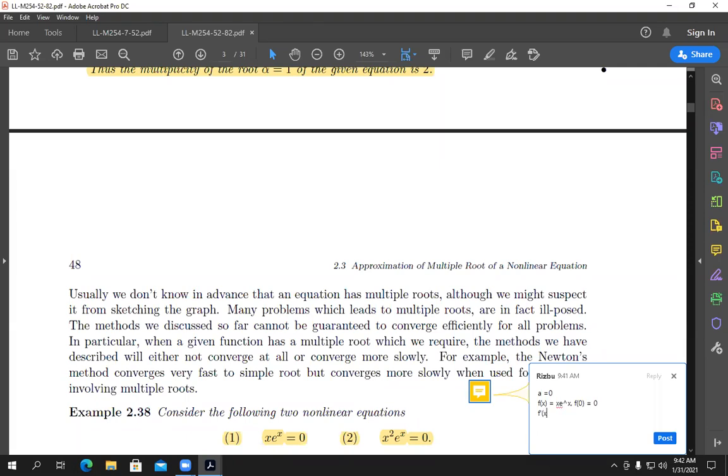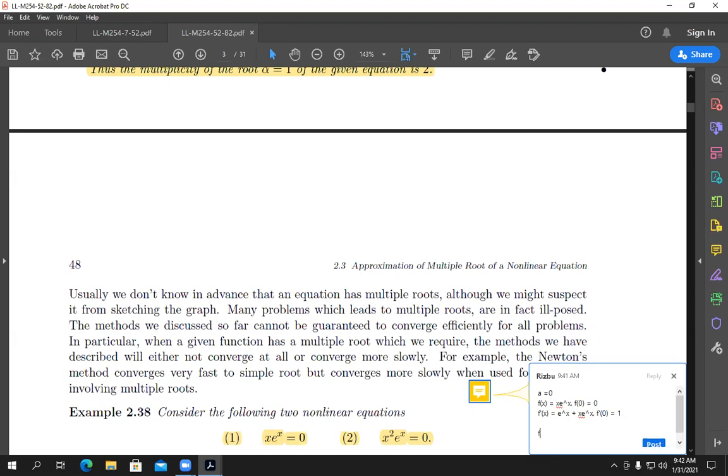What is f dash at 0? 1, and 1 is not equal to 0. It means alpha for this equation is a simple root.